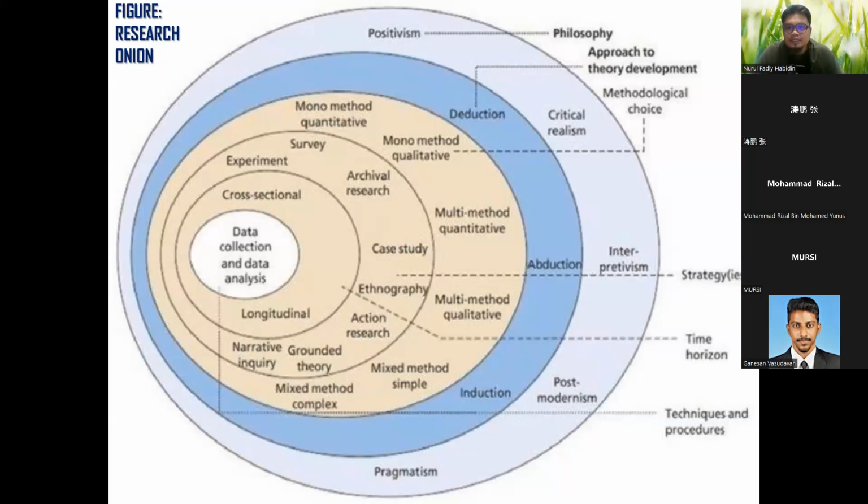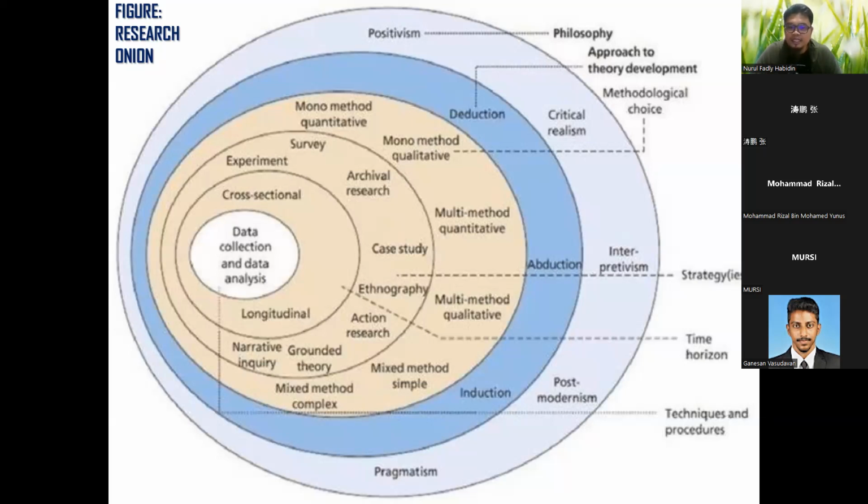Number three is the methodology choice. From your philosophy and approach, we can now know which is most suitable for the methodology choice. If you use one method, we call it mono method: mono method quantitative or mono method qualitative.